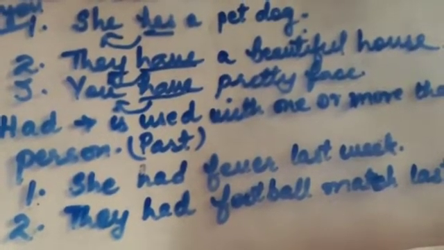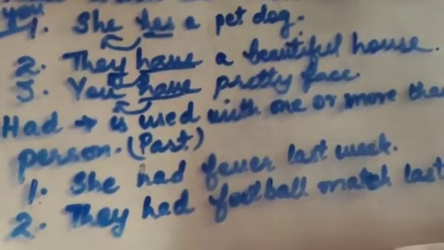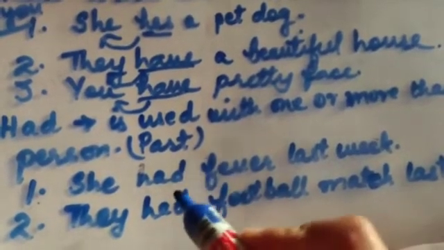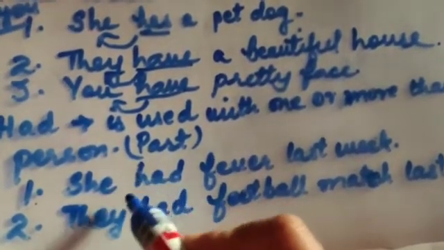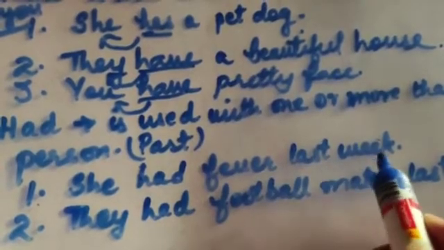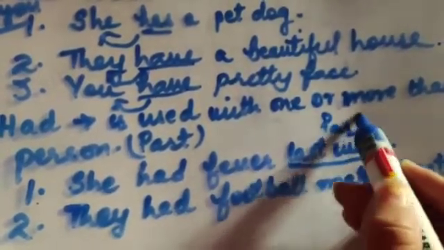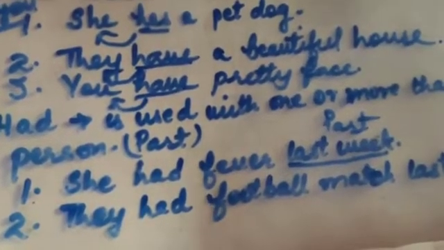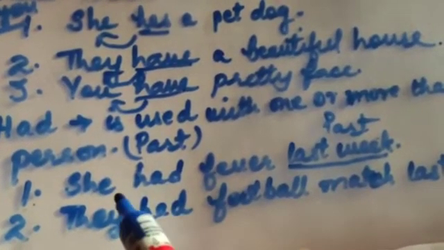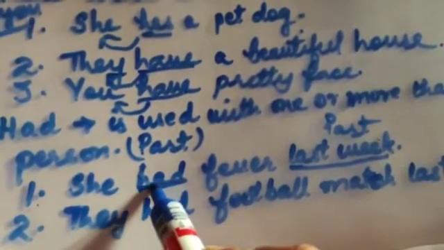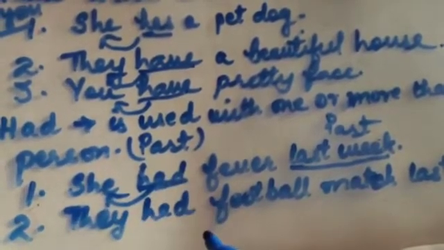Okay, it can be used with I also, it can be used with you also. So example, she had fever last week. Last week shows us that the action has taken place in the past, means it has already taken place. So she had, now you can see had is used with one person over here.